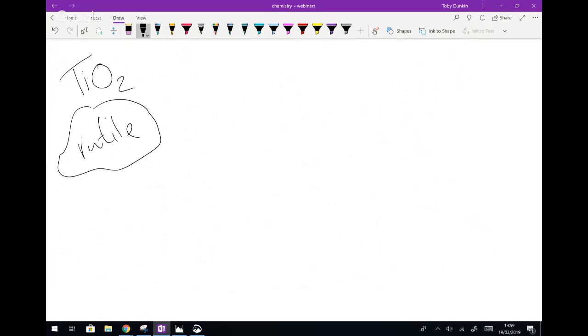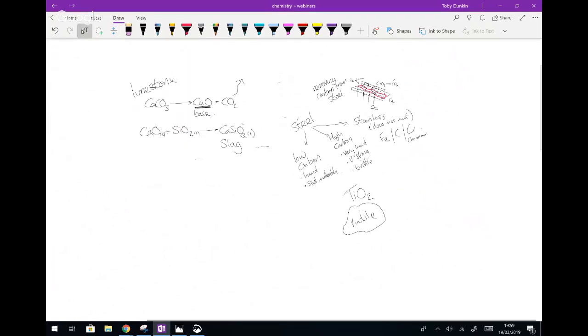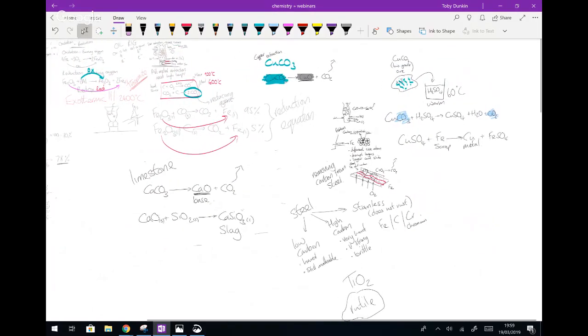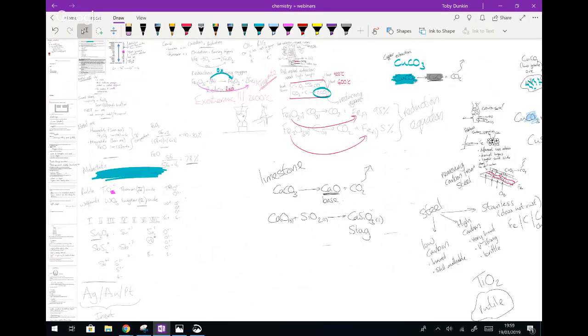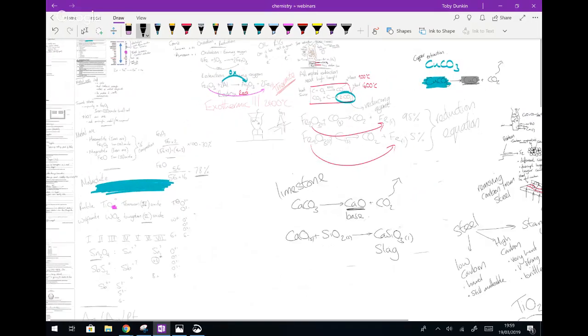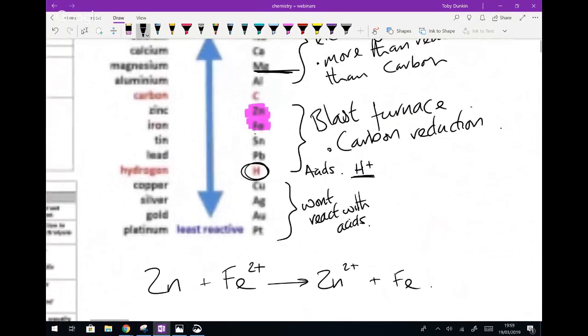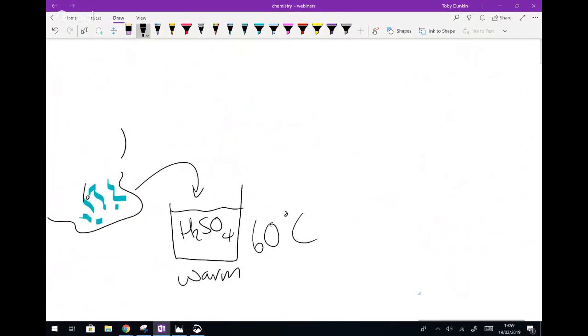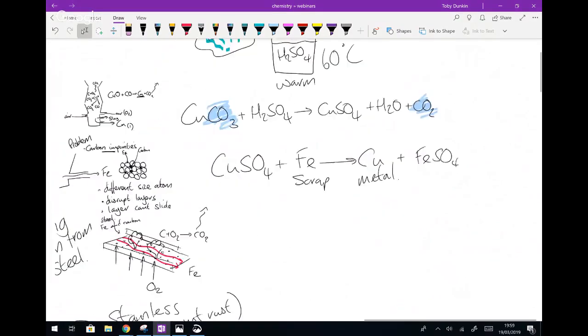Now, I can tell you that titanium on the reactivity series, let's go back to my reactivity series, fits in about there, Ti. So it's below carbon. What that means is we should be using a blast furnace, but we don't.